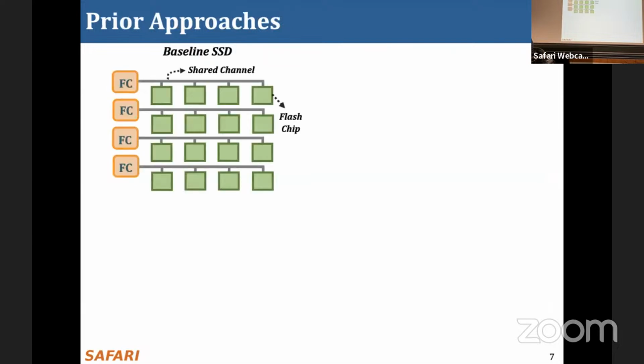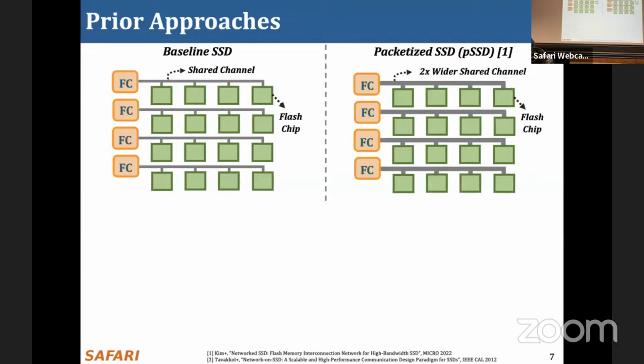So there has been some prior work that wants to address this problem. So this is the baseline SSD. There has been one work, packetized SSD. I'm not going into detail of that, but essentially what they have done here is that we have some I/O pins for each flash chip, and also we have some pins for control. Together with all these pins, you can have 16 pins, essentially.